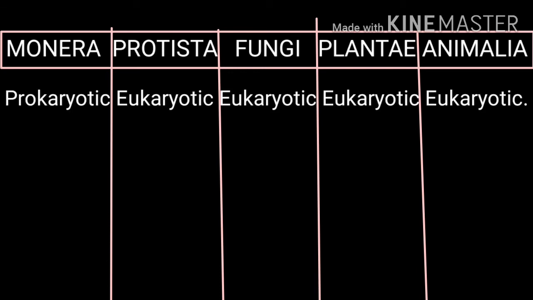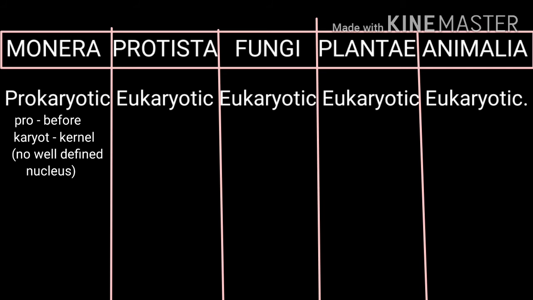First is Monera. All the prokaryotes come under the Monera group. Monera have all the features of prokaryotes. Prokaryote is a Greek word in which pro means before and karyos means nut or kernel. Kernel signifies the nucleus.